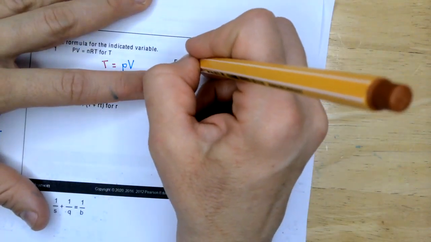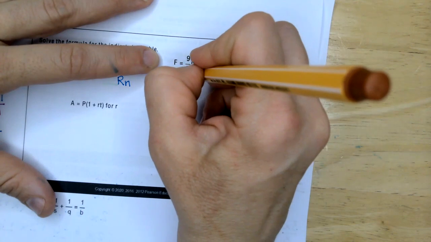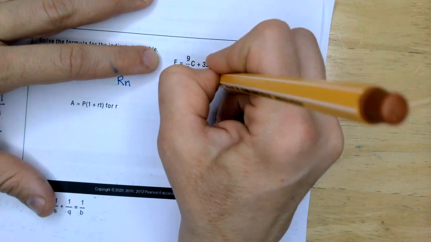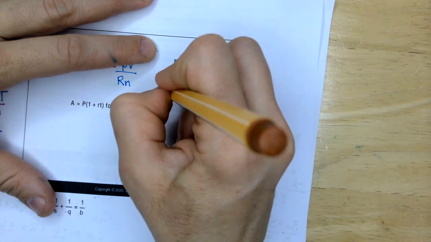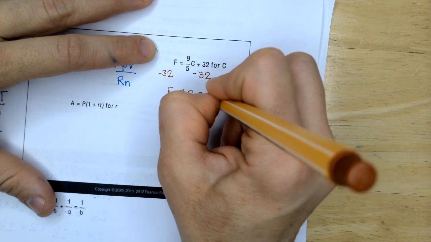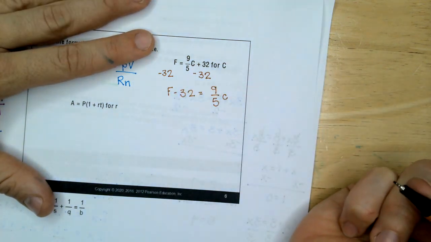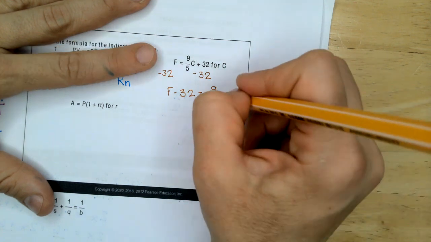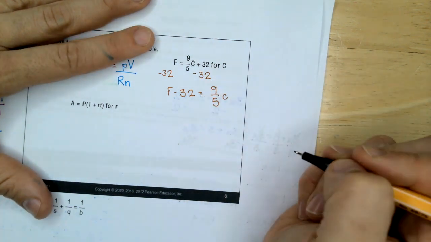Here we have one number and we have two numbers and two letters. We want to solve Fahrenheit equals 9/5 Celsius plus 32 for Celsius. Subtract the 32, subtract the 32. So now I have F minus 32 is 9/5 C. Good. C is being divided by 5, but being multiplied by 9, right?